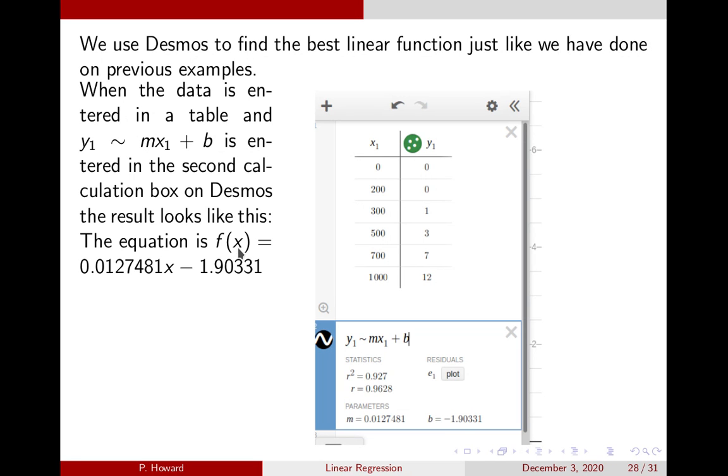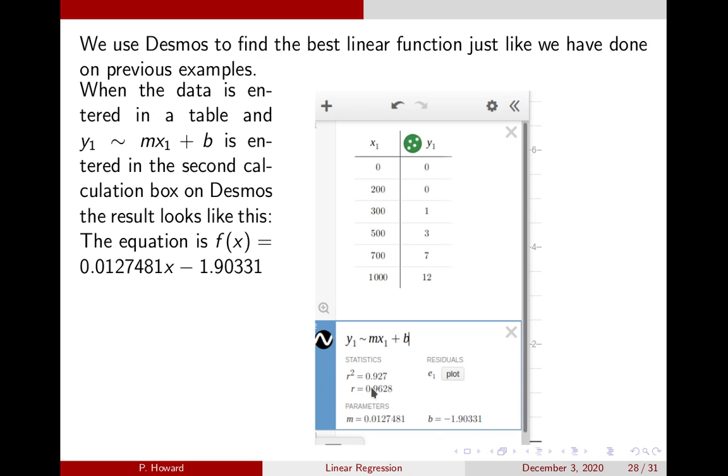So the equation for the best linear function for this data is f(x) = 0.0127481x - 1.90331.